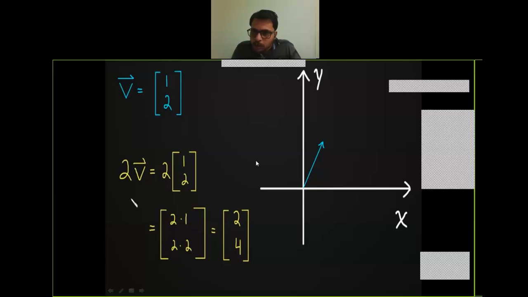Now these two basic operations we have understood: vector addition and scalar multiplication. The results of these two operations are very important in defining the vector space, and to conclude whether a given space is a vector space or not.